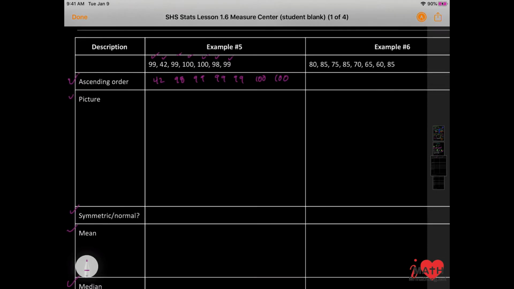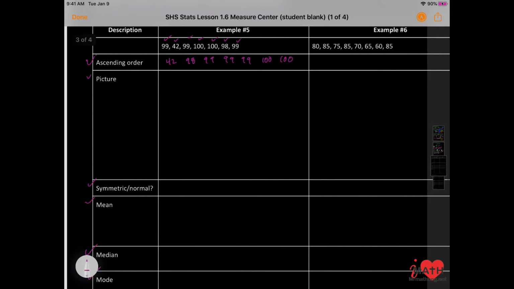Okay, so if you drew a picture, and let's just say you put the max 100 over here, and let's just say you have 1 over here, okay? I'm just trying to draw a quick visual so you understand what's happening.